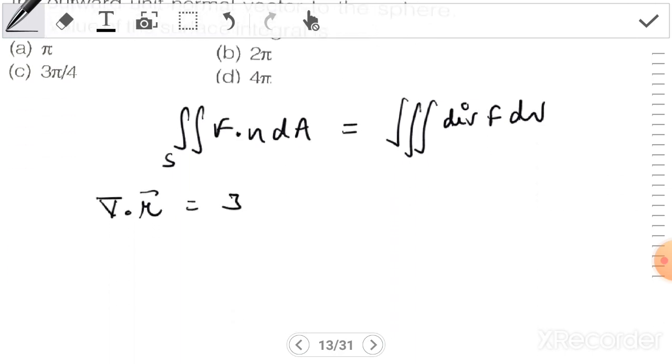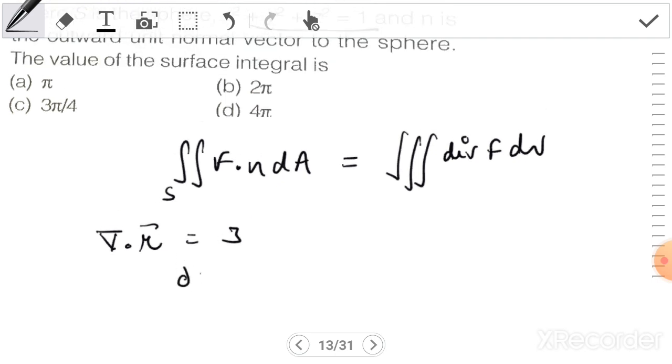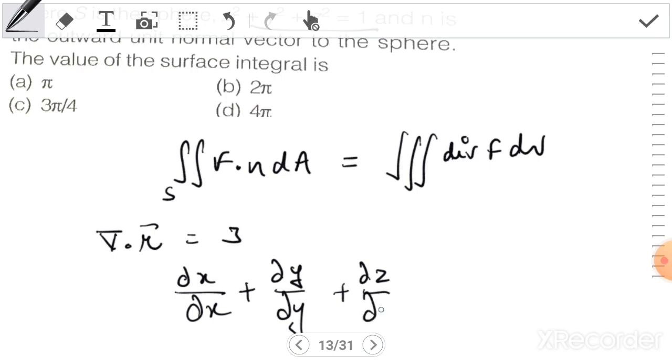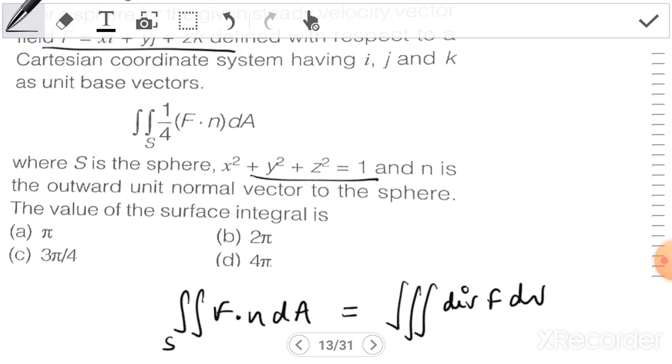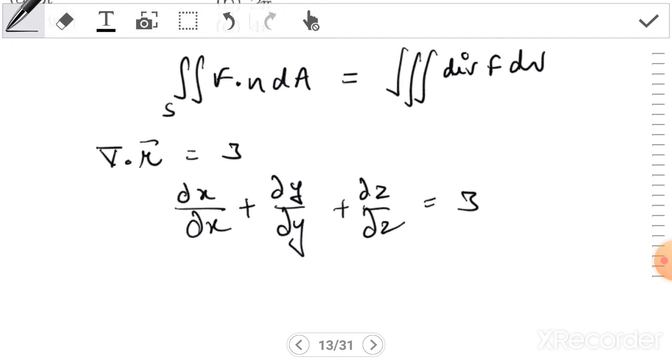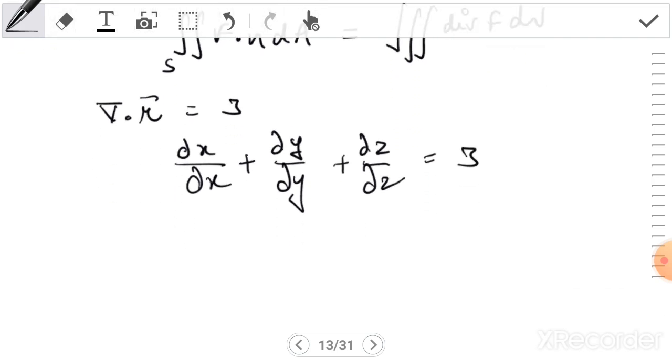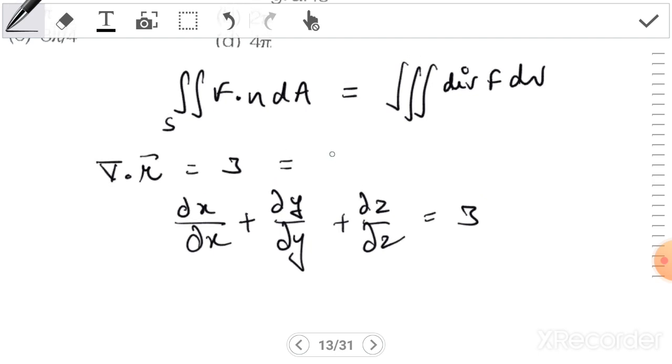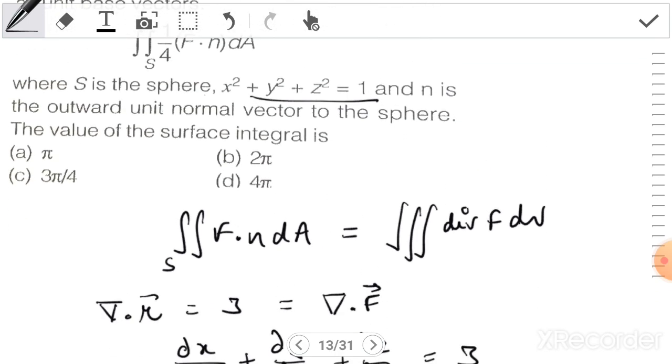Okay, so del x by del x plus del y by del y plus del z by del z. Since the x, y, z components are x, y and z respectively, this is equal to 3. So del dot r is equal to 3. I mean, in this question del dot F is equal to 3. Okay, so we now have divergence F as 3.